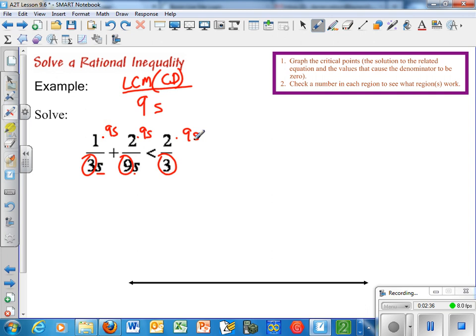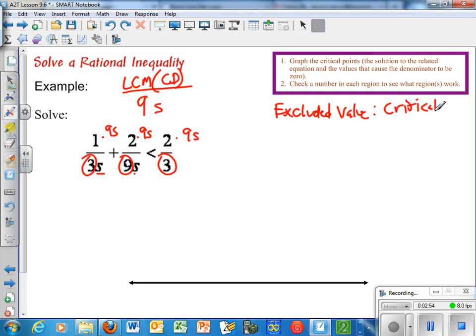Actually, let's do the critical value or the excluded value first before I get into actually solving. An excluded value is what makes the denominator zero. Some people call it the critical value, critical point. If you look here at these denominators, I have 3s or 9s.